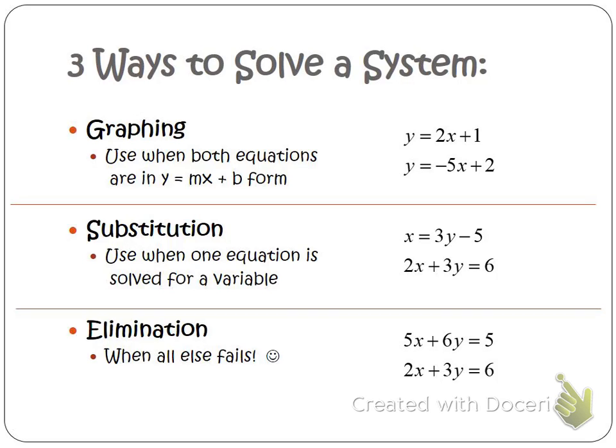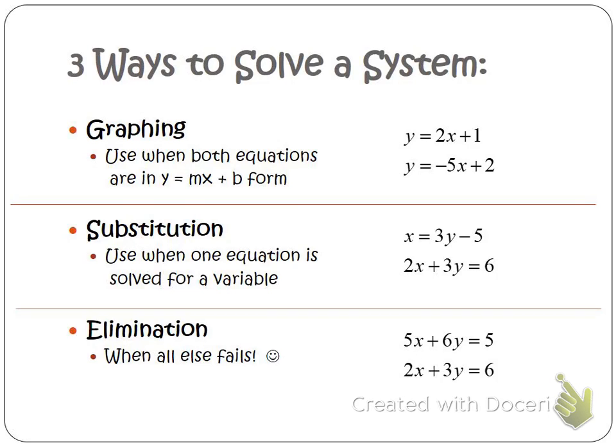And you certainly can, but graphing is not very accurate. It's very difficult to do in any particular situation. And so what I would tell you is, even if the equations are in y equals mx plus b form or in slope-intercept form, I'm going to avoid graphing. The only time I'm going to use graphing is if I absolutely have to, if someone's going to make me use the graphing method, okay?